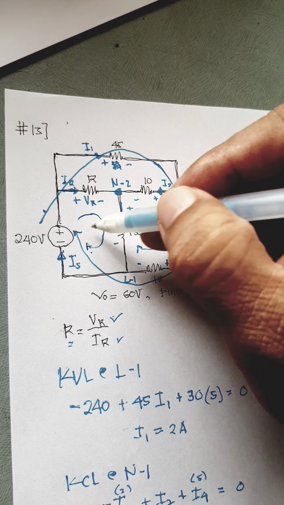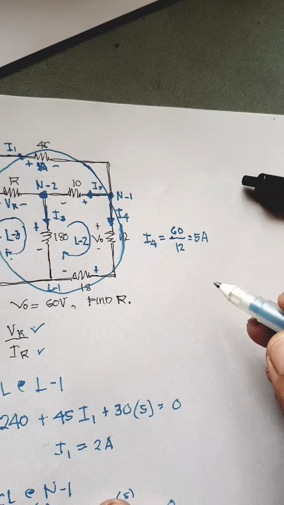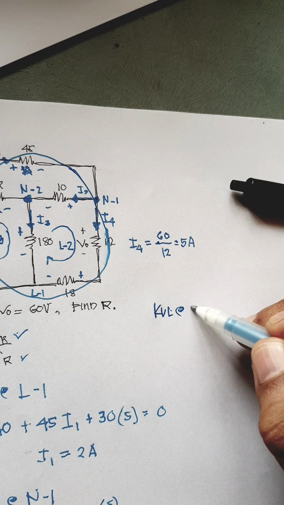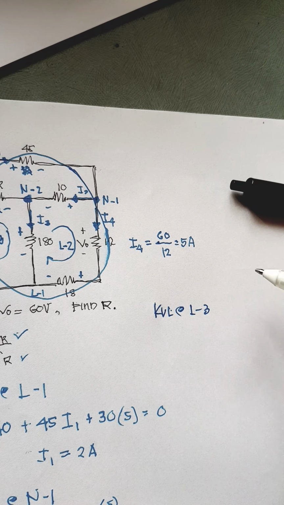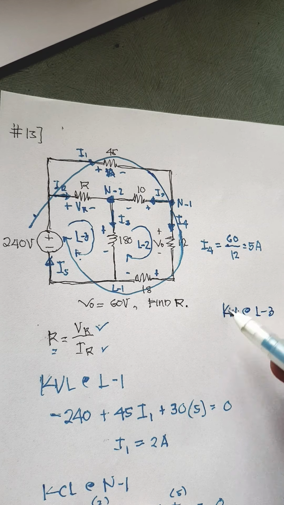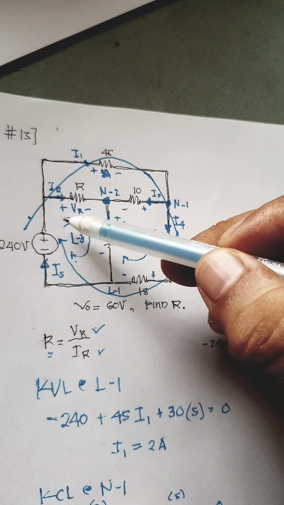So let us consider this as loop 3. Then we're going to perform KVL there. So KVL at loop 3. Let us start with the source, negative 240. And then plus VR.